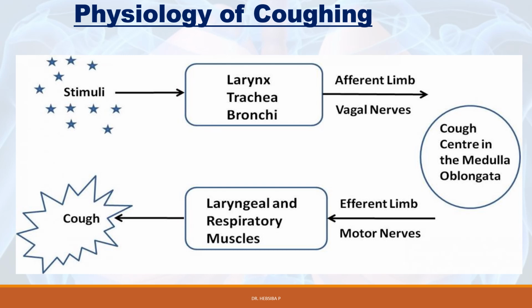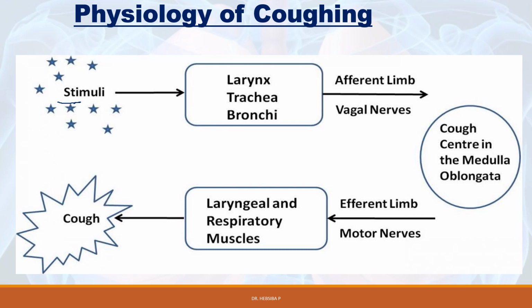Normally, to start with is the stimuli. Stimuli in the sense of any foreign bodies or secretions that will stimulate the larynx, trachea and bronchi. Whether it is a lodging of foreign bodies, secretions, or any kind of particles, immediately there is a stimulation of afferent vagal nerves.